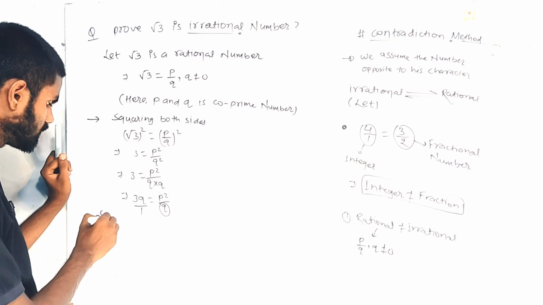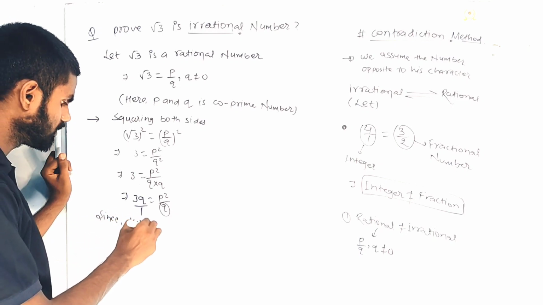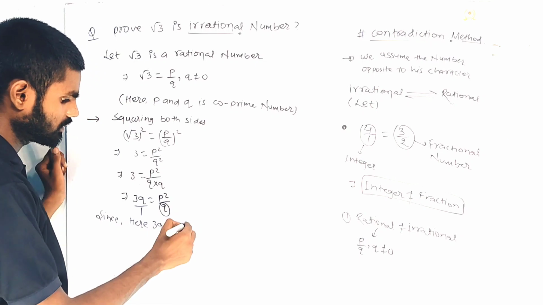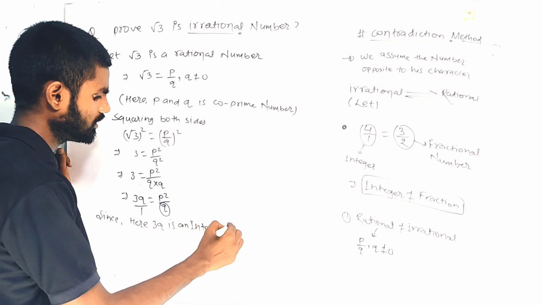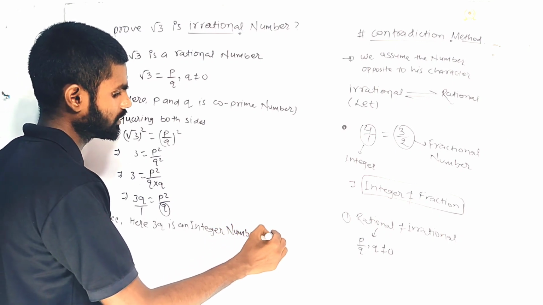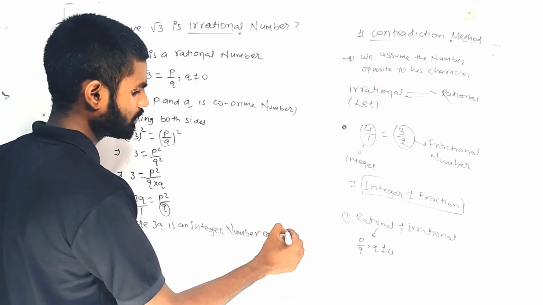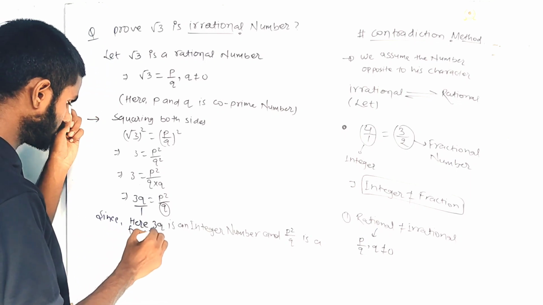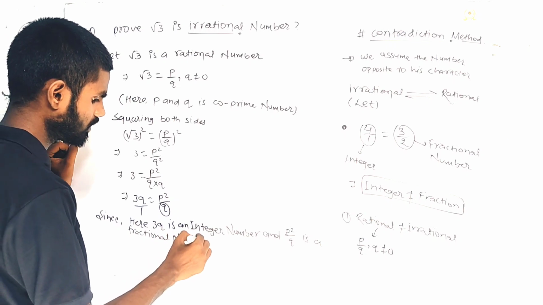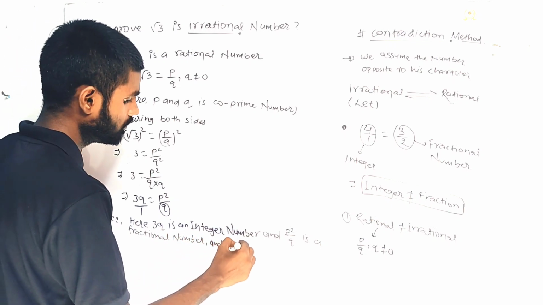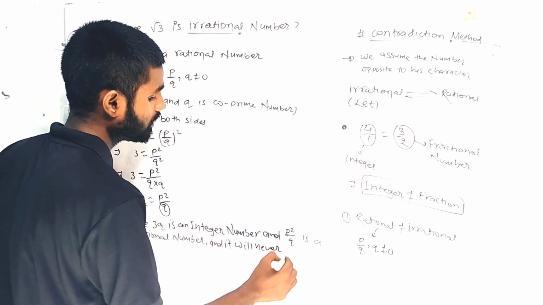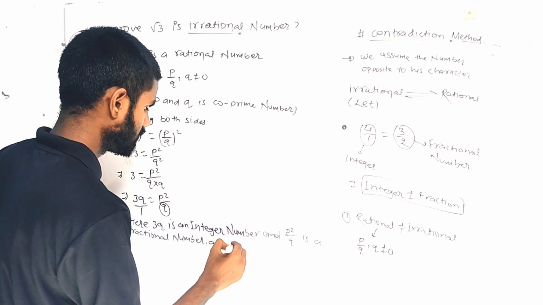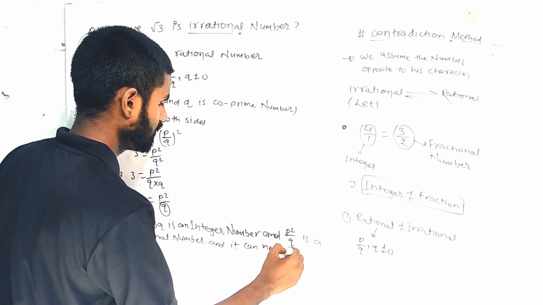Let's write it. Since here 3q is an integer number, and p square upon q is a fractional number, it is never possible.